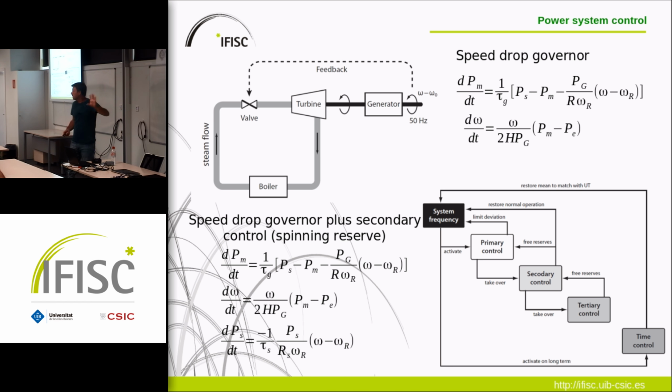And that's it. Well, there are other levels of controls that we don't care about now. There is a tertiary control to keep enough power available from the secondary control. And then there is also time control: the 50 hertz of the power line of the electric system is like a clock, and there are clocks that work with that frequency.